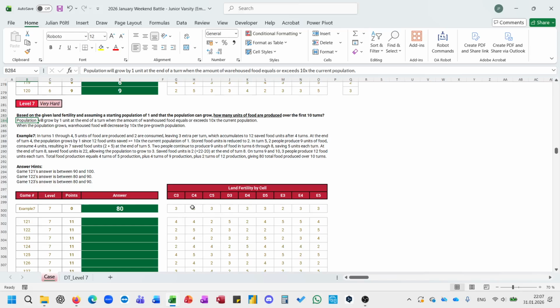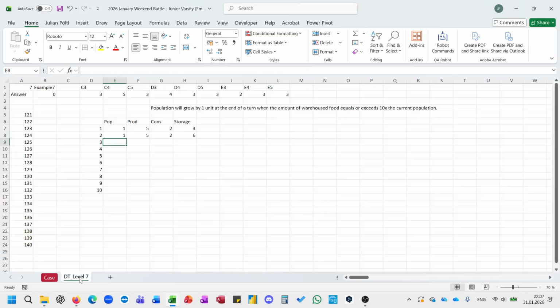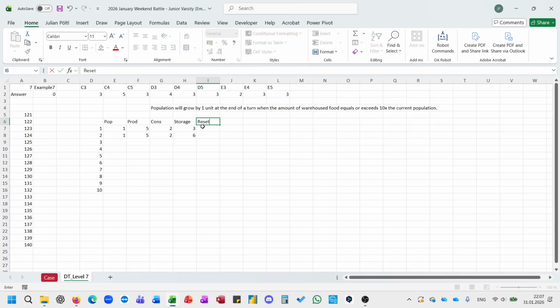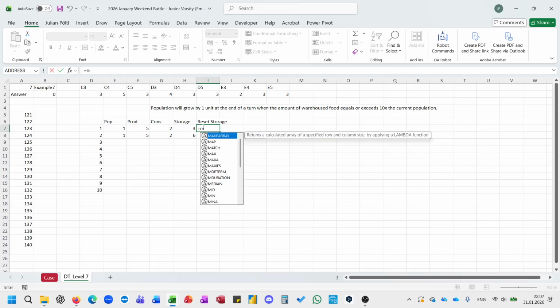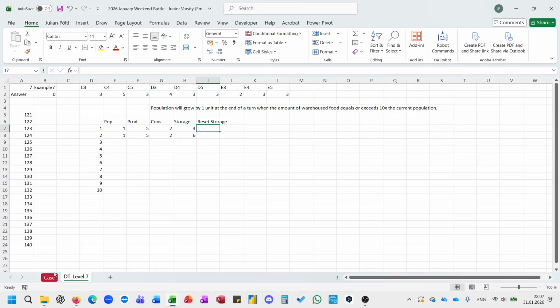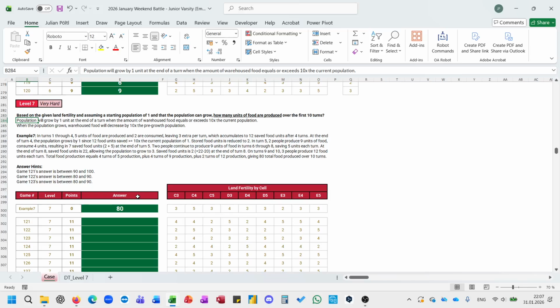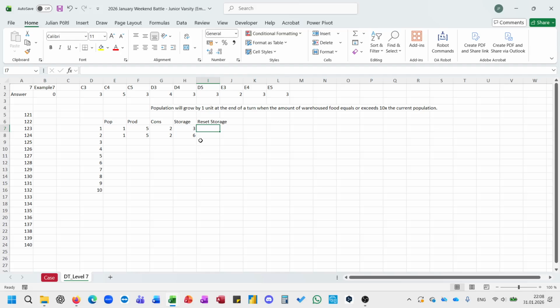10x. 10x the current population. Min, max of, okay, reset number 10 equals 10 times the population.